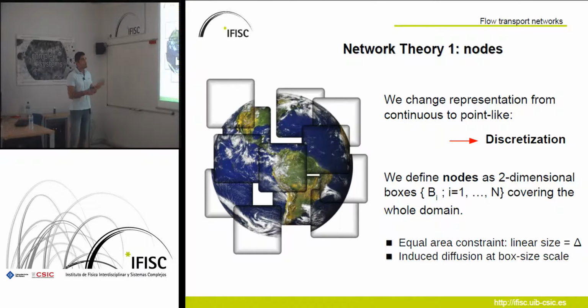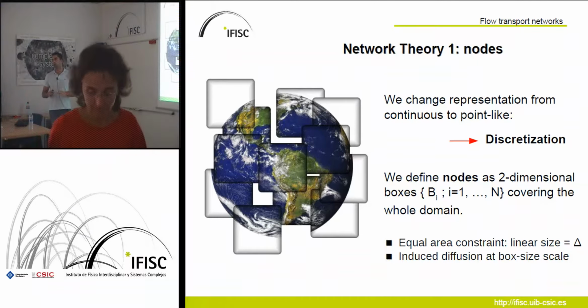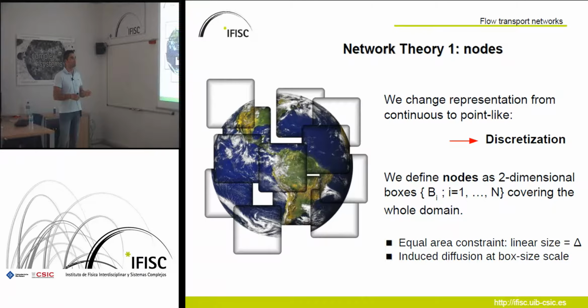To do this, we discretize the whole domain under study into a set of 2-dimensional boxes that cover the whole domain. It's really important to impose a constraint of equal area for each box. In doing this, we are fixing a spatial scale in the system, and this introduces a diffusion in the network that we are studying, because we are not resolving scales that are smaller than the box size, basically the node size.